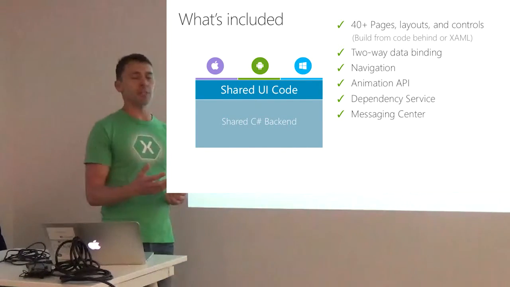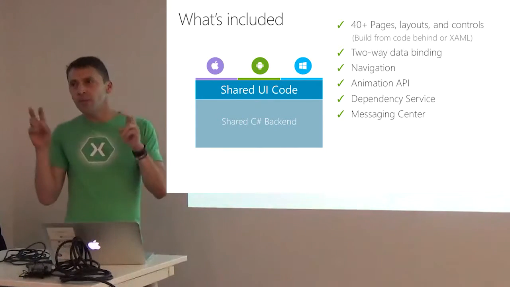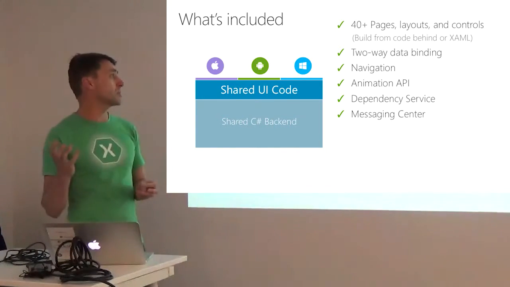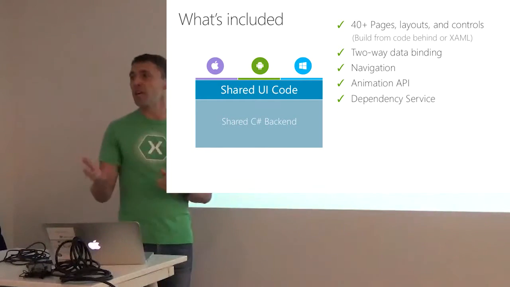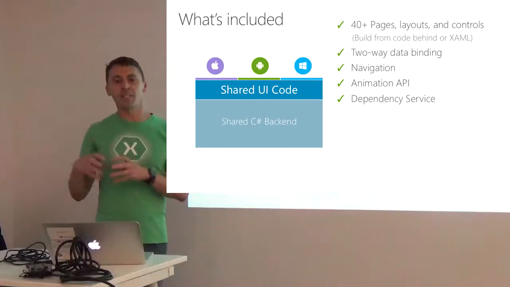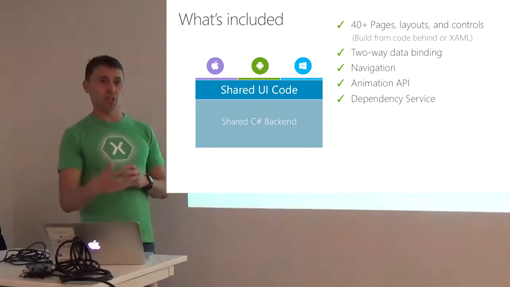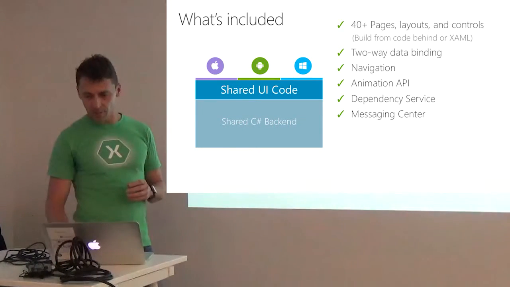So we provide documentation on how to use the dependency service to effectively dependency inject native features. And we also provide the custom renderer model so that you can write user interface controls that are native that you can then share functionality using shared code.